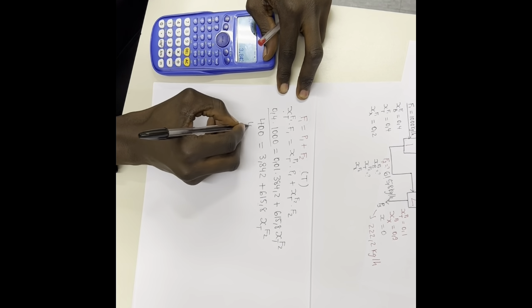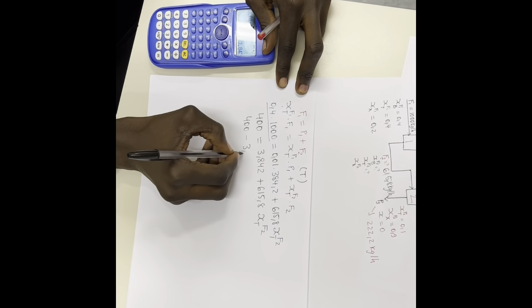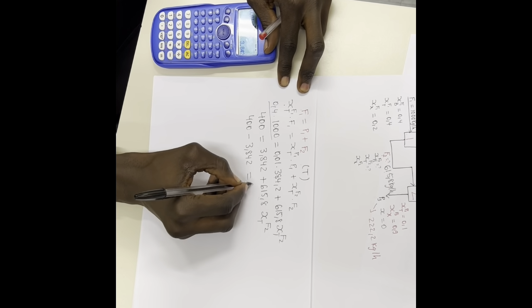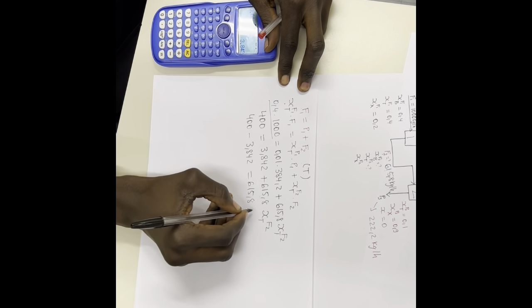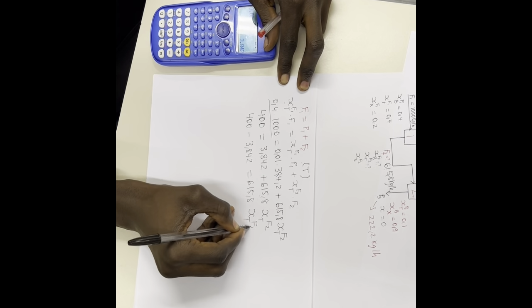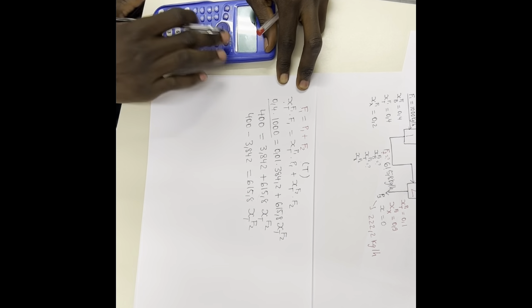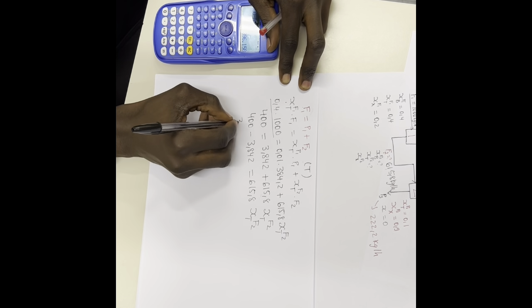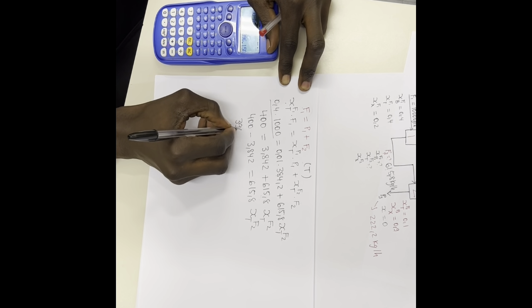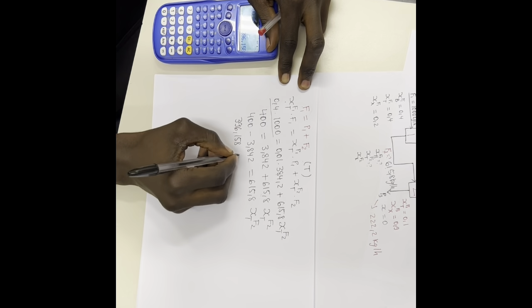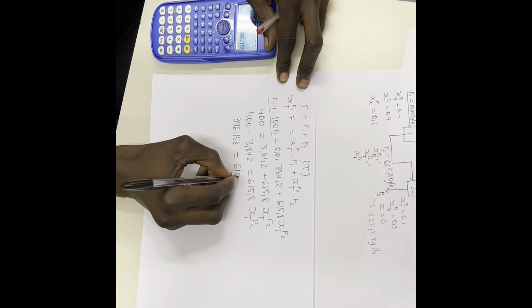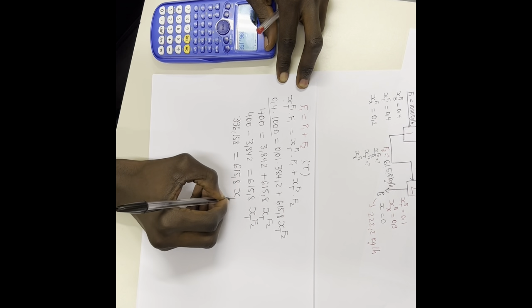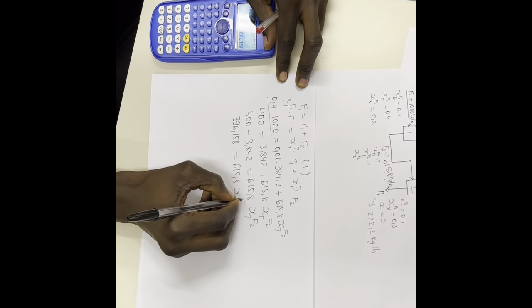So now we have 400 minus 3.842 equal to 615.8 X_T in F2. From here, you take 400 minus that answer, and you find 396.158 equal to 615.8 X of toluene in F2.